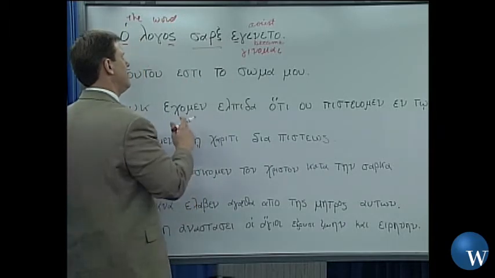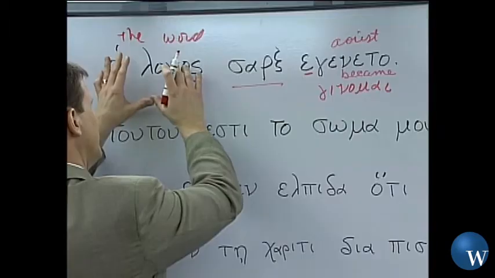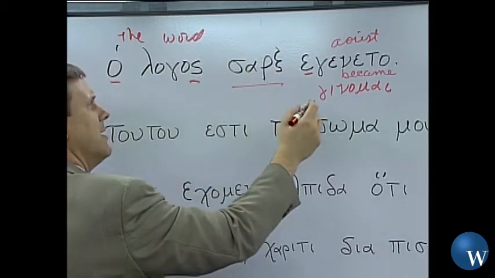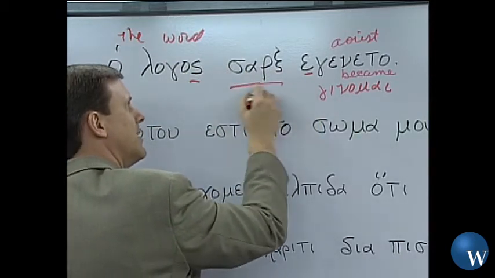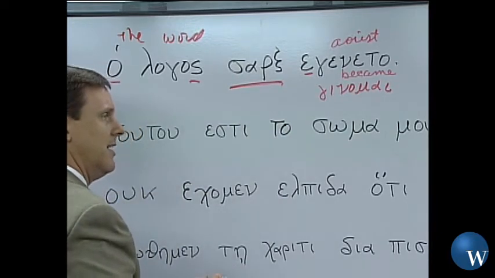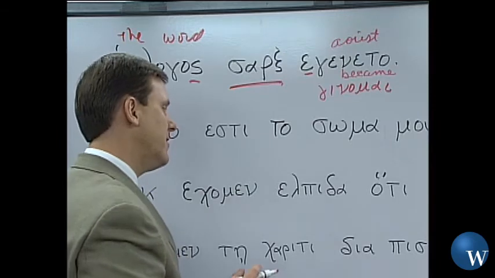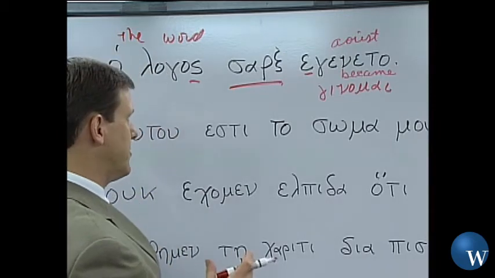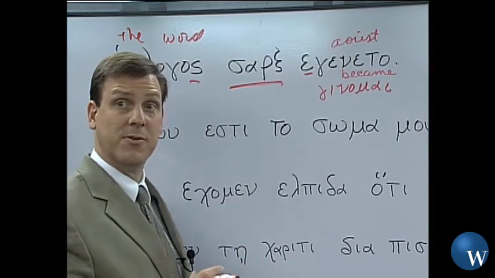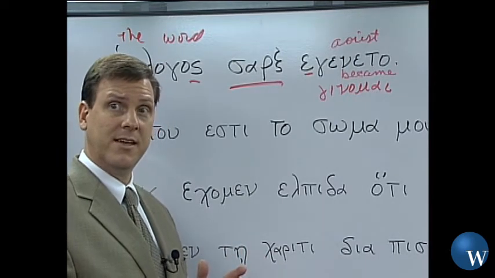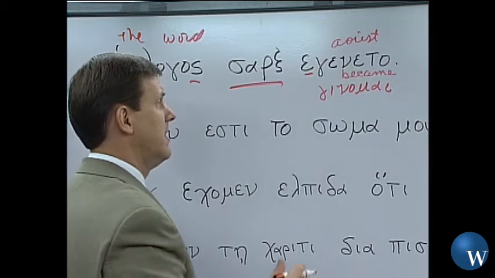And you say, well, how does that work in the sentence if this is nominative case and this is nominative case? Well, what ends up happening here is that this becomes a predicate nominative, just like, for example, in the very first sentence of John chapter 1:1, that in the beginning was the Word, and the Word was with God, and the Word was God.